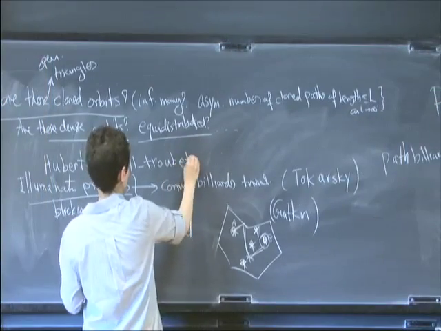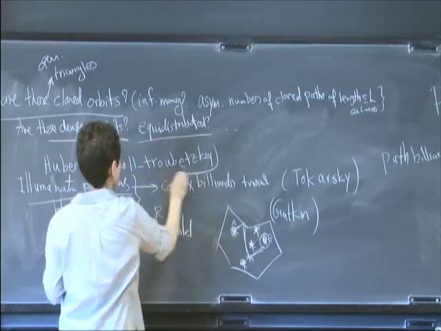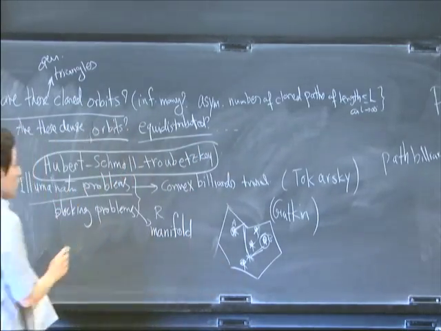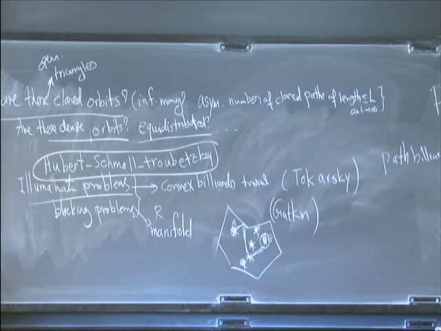Maybe I'll keep this question, but at least I'll say a little bit about what is known about them. Let's say for illumination problems, maybe you can find some references there.